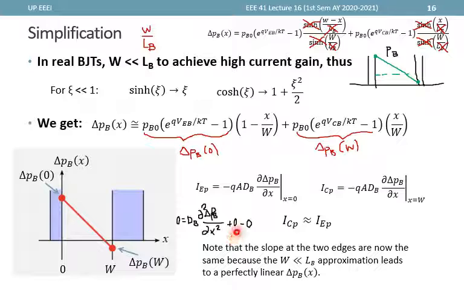Which also tells us that when W is much less than LB, we approximate this behavior where there is no RG at the base region. And therefore, this actually leads to alpha T equal to 1, since there is no recombination at the base.